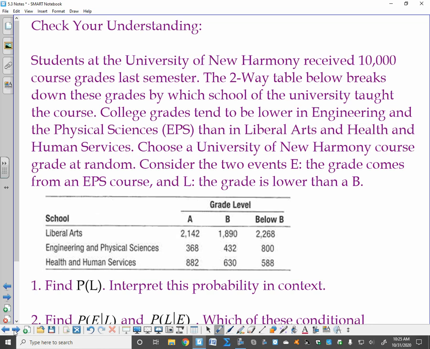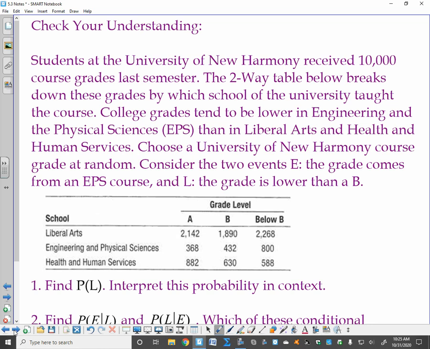Okay, college grades tend to be lower in engineering and the physical sciences, which they're going to call EPS, than the liberal arts and health and human services. Choose a University of New Harmony course at random. Consider 2 events. Now they're defining the events for me.